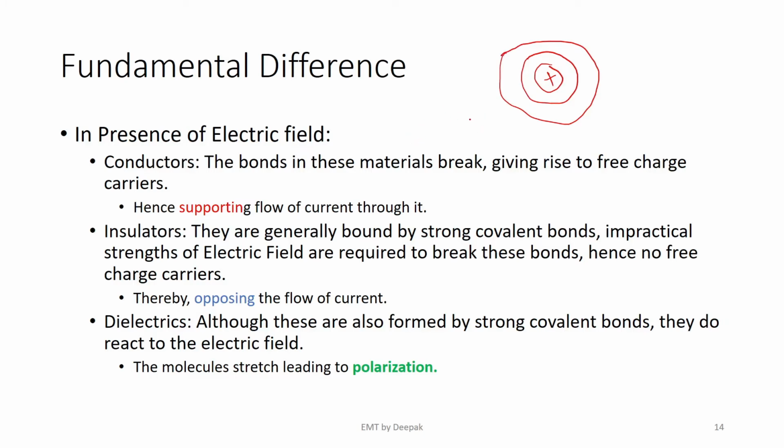Okay. Now, an electric field is such that the positives are attracted this way. That means negatives are repelled this way. Now, because of this electric field, the electrons inside them are still bound to the nuclei. They are not coming out of it.